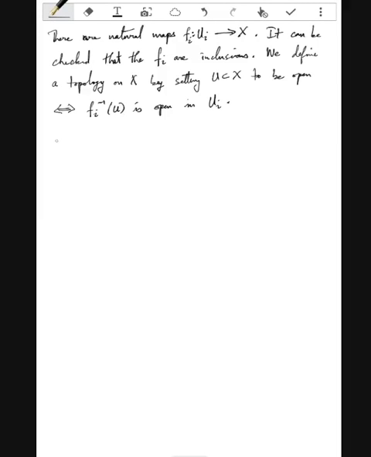So the condition phi jk composed with phi ij is equal to phi ik on Uij intersection Uik is called the cocycle condition.